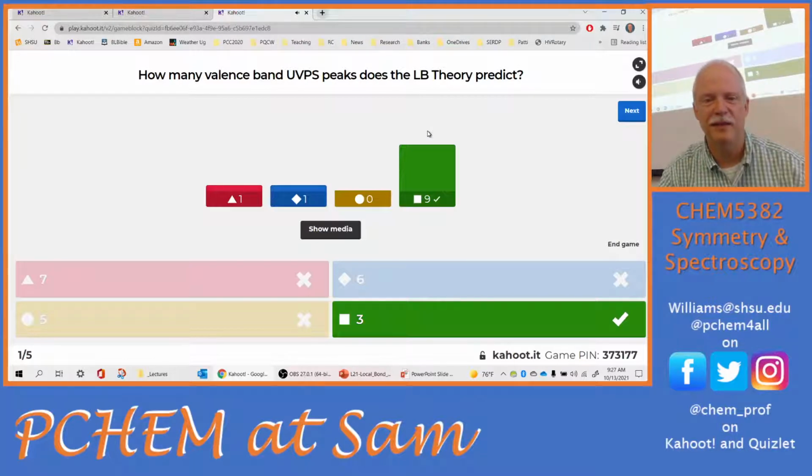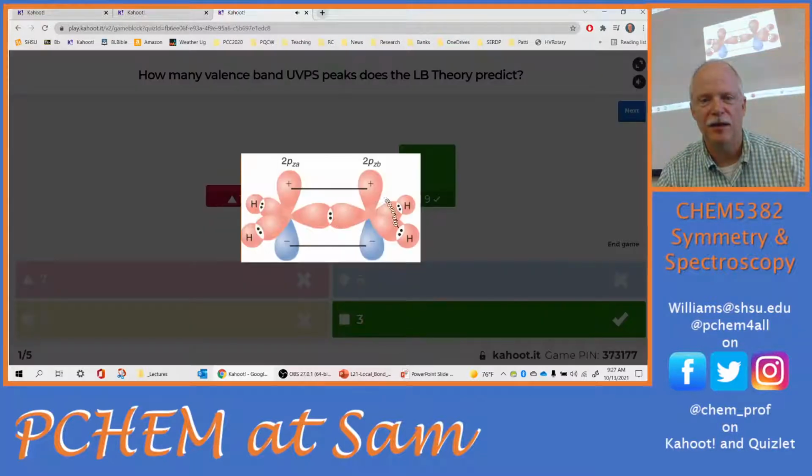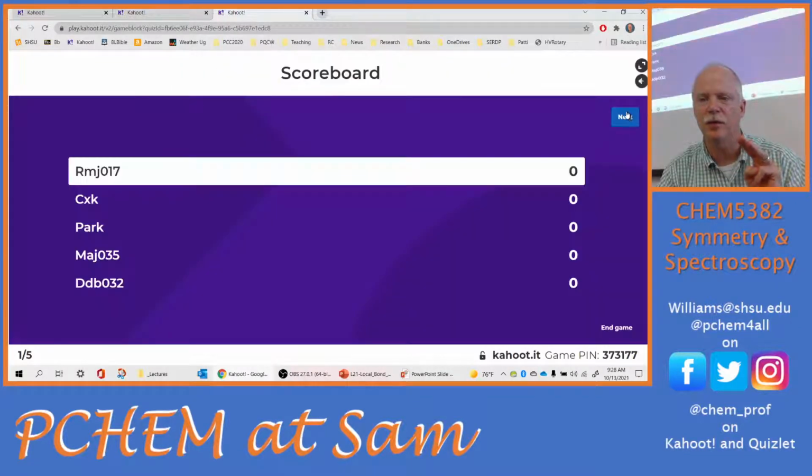Pretty good. Yes, so this would be an electron from the CH bonds, and all those CH bonds are identical. There's no reason why there would be any difference, so that would be one peak. Carbon-carbon sigma bond, another peak, and then the pi bond, another peak. So different types of electrons is what we're looking for.